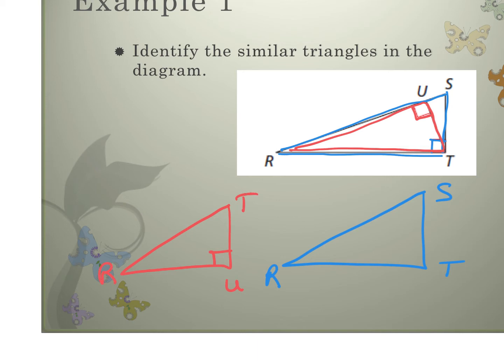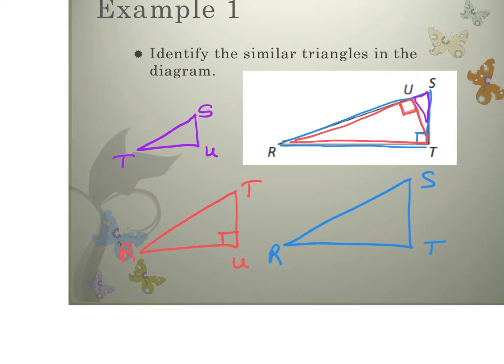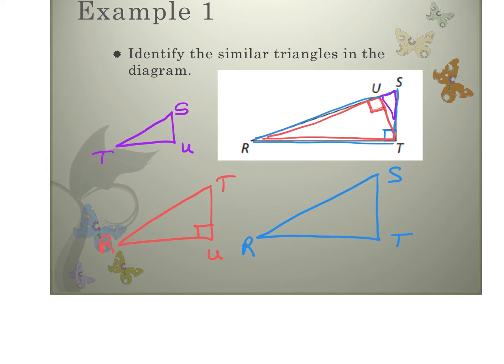And then I'll do the other one on the other side, this little one. So again, sit it in the same orientation. The U is down here, the S would be here, and then the T is right here. So if you can pull them apart, then writing the similarity statement isn't as bad. So then what we'll do here is I'm going to go up the hypotenuse.